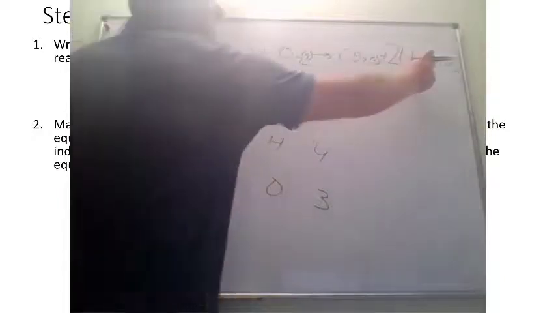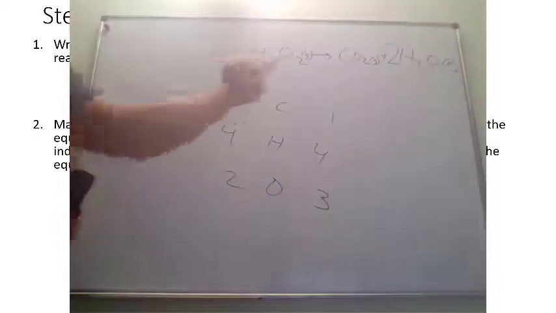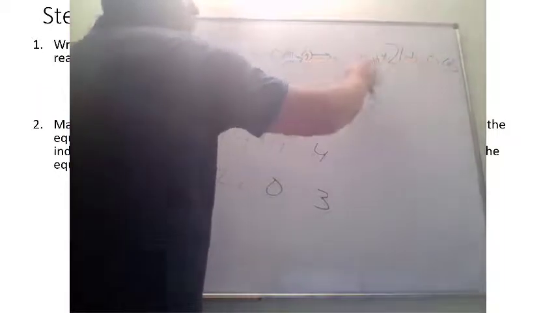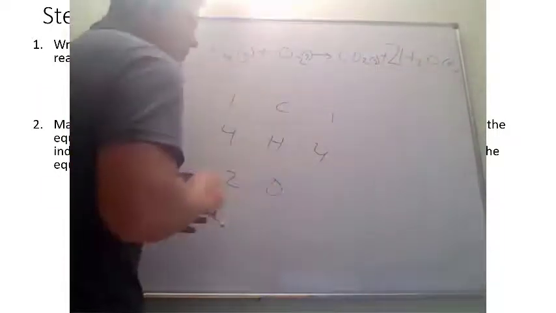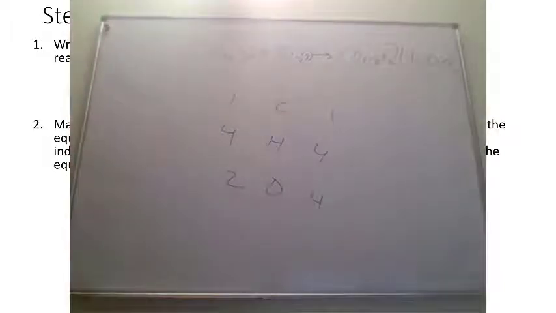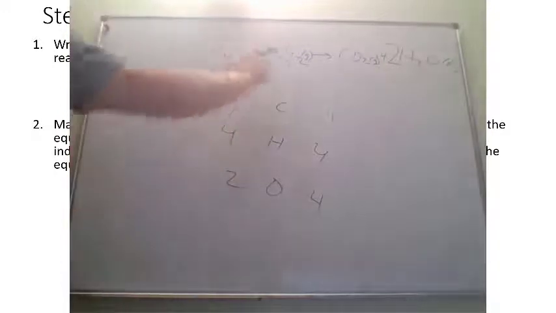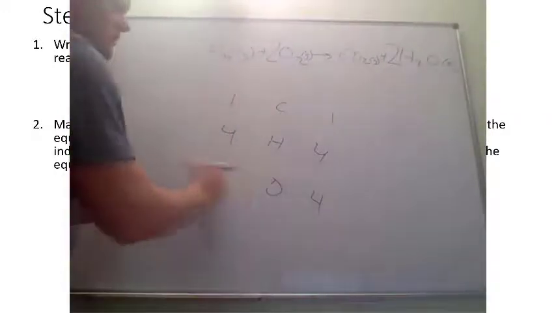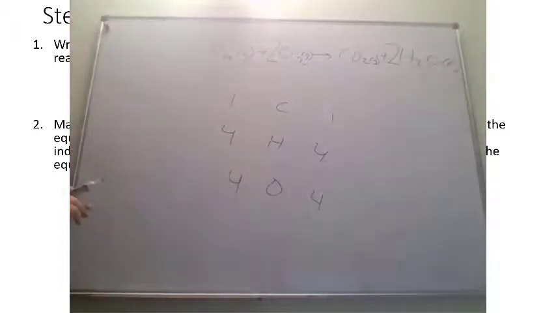And now there's 2 times 1 oxygen means 2 oxygen atoms for water, 2 oxygen for carbon dioxide, means our new number for oxygen is now 4. So now to balance our number of oxygens, we need to put a 2 stoichiometric coefficient in front of O2, which means we now have 4 oxygen atoms.